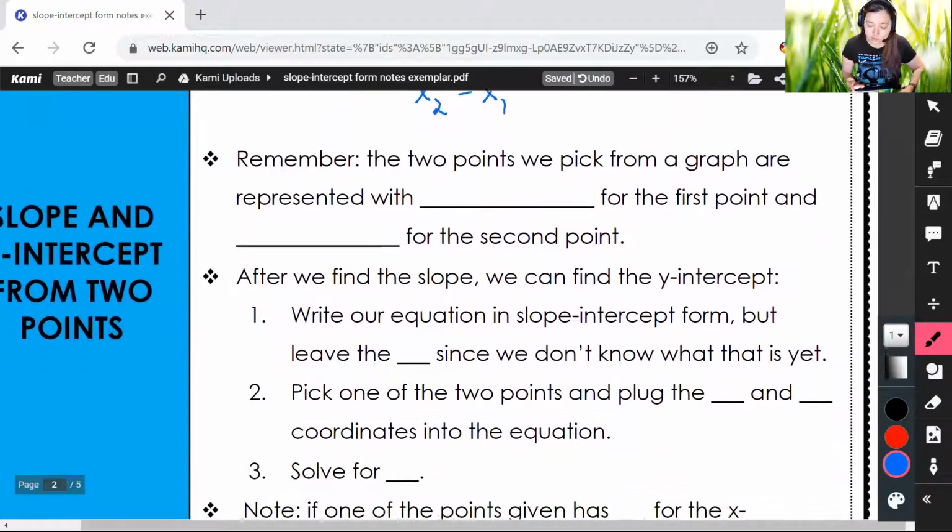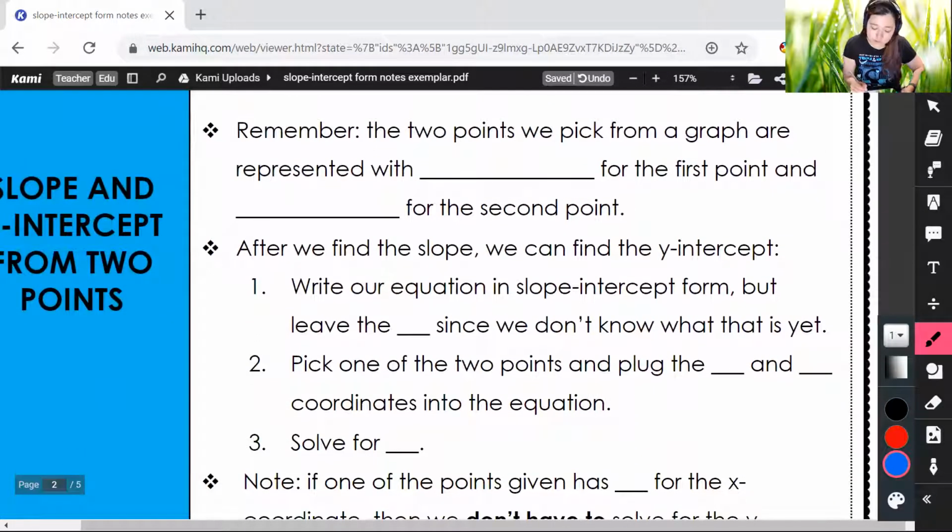Now, remember, the 2 points we pick from a graph are represented with x1 and y1 for the first point, and x2, y2 for the second point. That's why they're labeled with the 1s and the 2s, to show this is from the first point, this is from the second point, right?